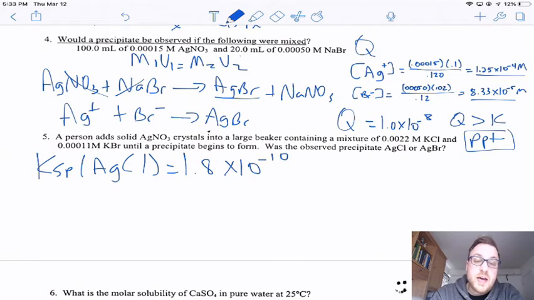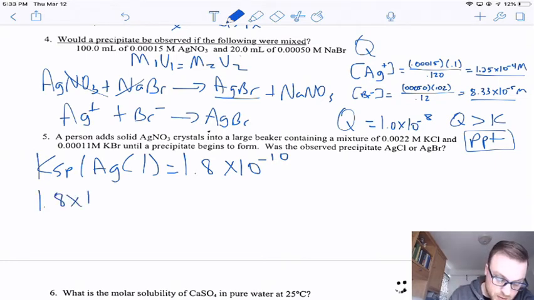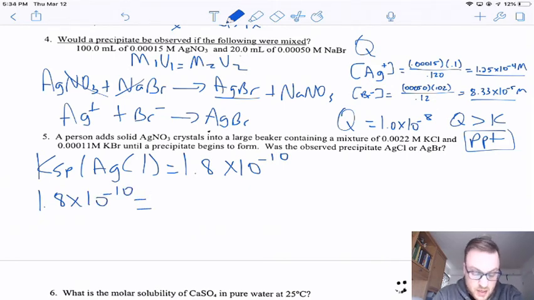So what we have to do here is figure out who's going to precipitate first and justify how we figured out that answer. So why don't we do AgCl first? So 1.8 times 10 to the negative 10 equals. We're mixing KCl and KBr with AgNO3.